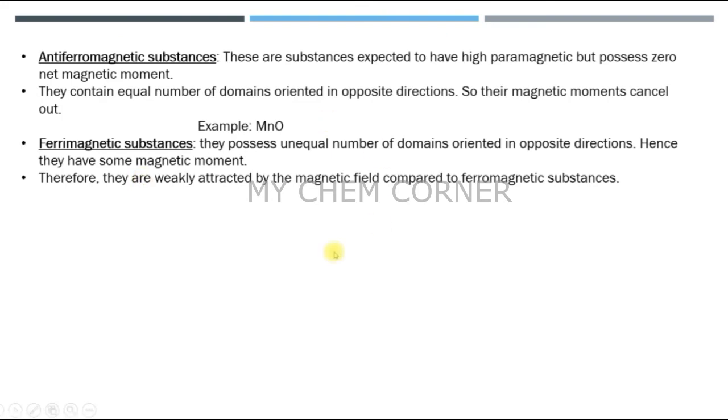And because of that, they are weakly attracted by the magnetic field when compared to a ferromagnetic substance. Example over here is an ore of iron, which is magnetite. So this is just talking about the general basic characteristics of each magnetic substance and their example. You just have to know these things and not any more in detail.